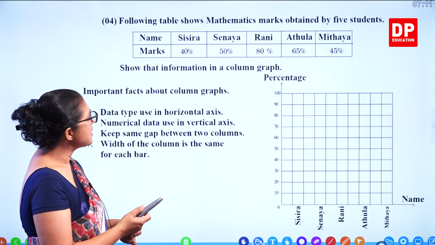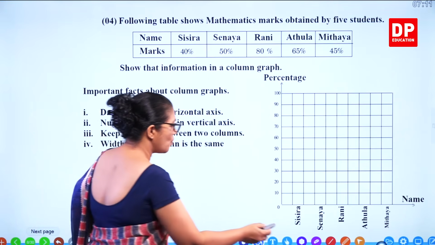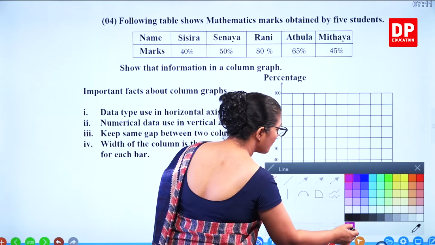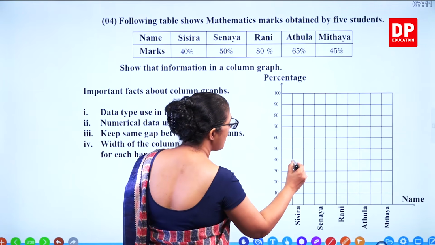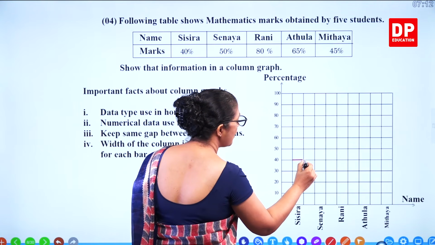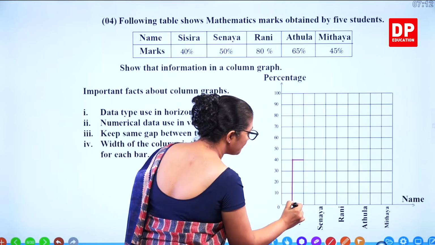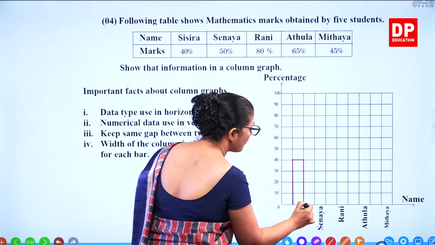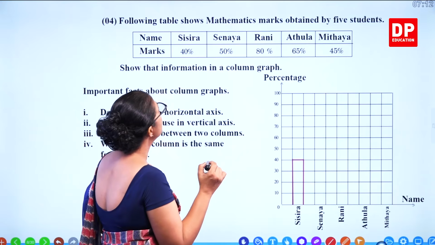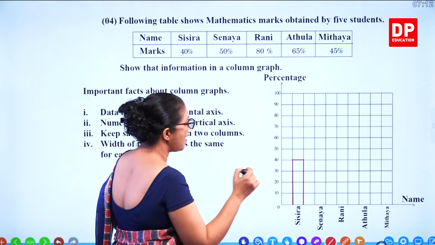Sisira 40% marks. So we can draw here 40. So 40 up to here. So we can draw the bar. Then 50% Senaya.